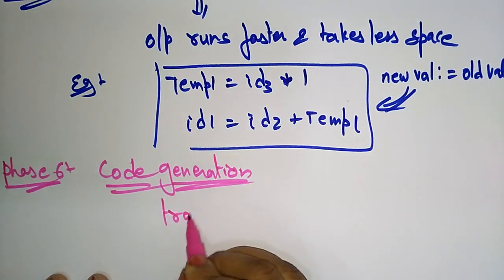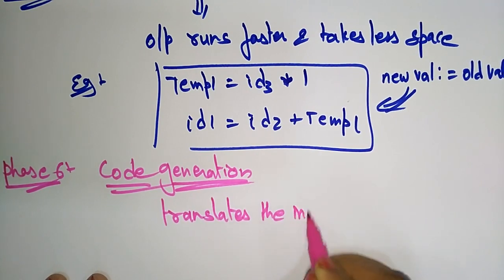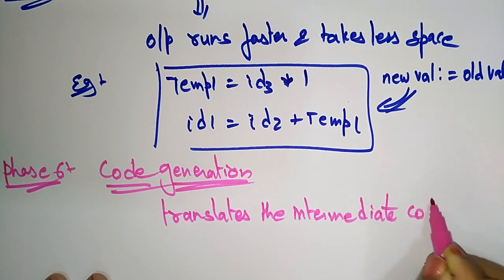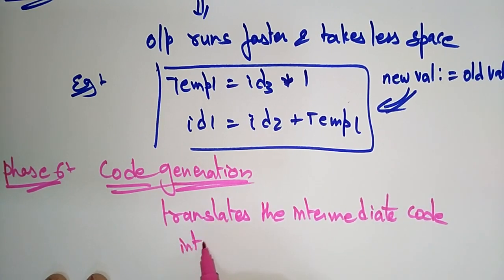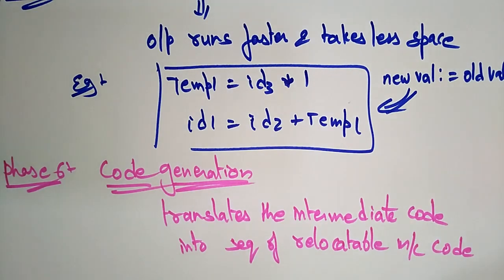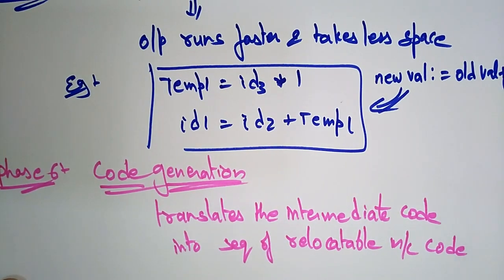So these are the different phases that are present in the compiler.